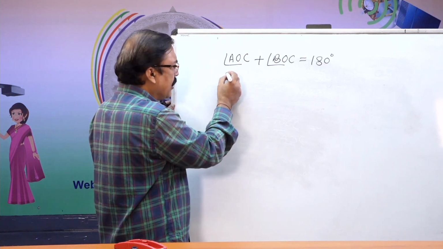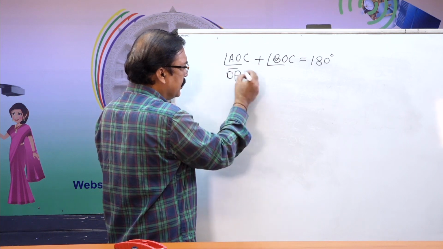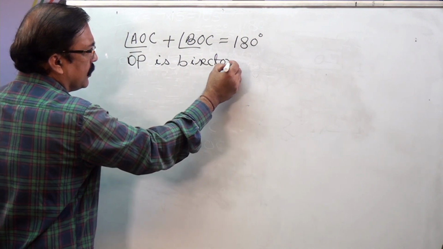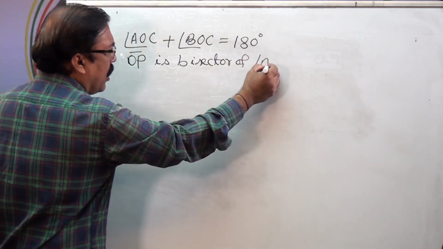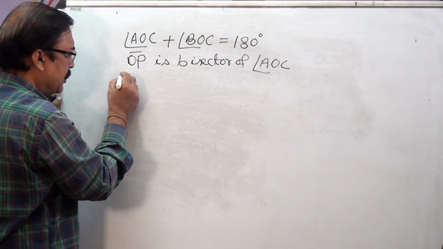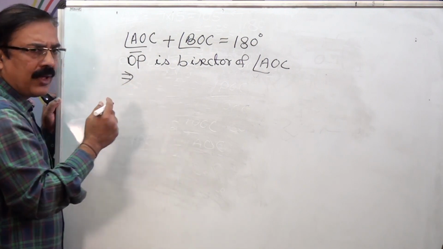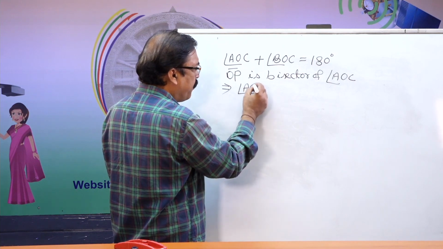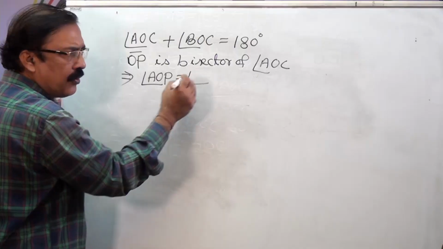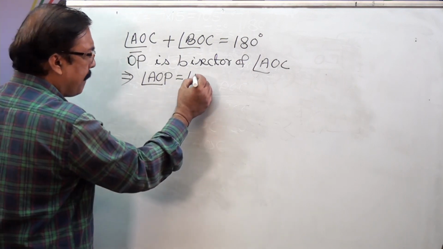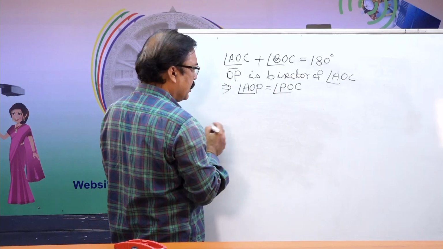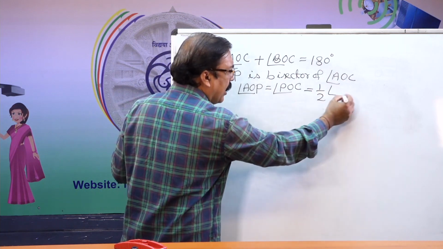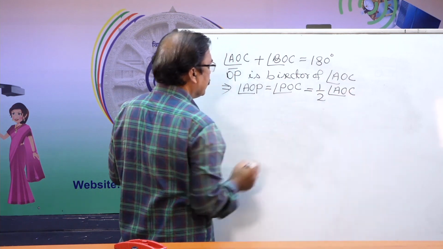We can say that OP is the bisector of angle AOC. This implies angle AOP is equal to angle POC, and both of them are half of angle AOC.